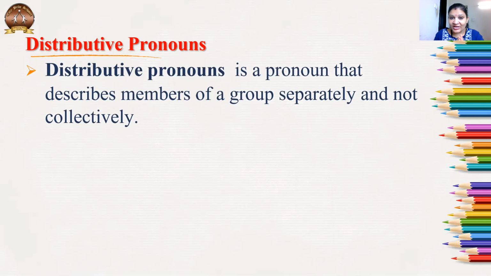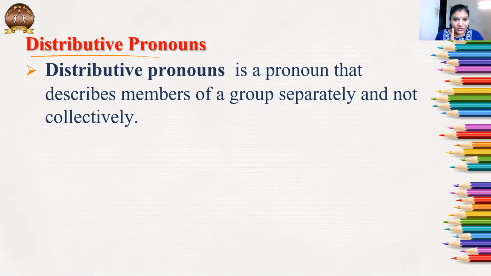Now, always we are going to address every single person, point out at them, but it will be done collectively. Confusing, right? Let me explain again. Don't worry, it will be clear. So, distributive pronouns are pronouns that describe members of a group, pointing out at them separately and not collectively.